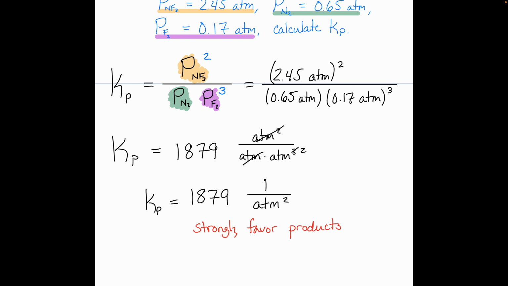Okay, cool. Let's do another example. Let's build another one here. We're going to look now at a precipitation reaction. This one really is pretty strongly favoring the product, so I'm just going to put that arrow in there, but nonetheless.